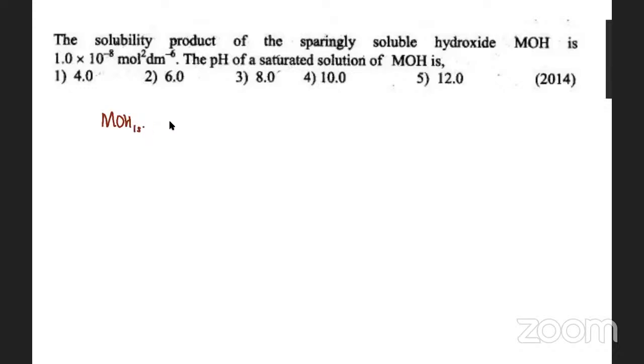I mean, it's just sparingly soluble. That means this is going to be definitely M plus and OH minus, correct? So they have given us the solubility product. So if there's only MOH, there's no common ion effect or anything. If X moles of MOH dissolves in 1 decimeter cube of water, X moles of M plus ions will be released in 1 decimeter cube of water.